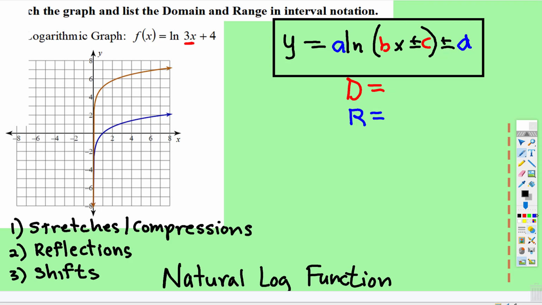So the inverse of that would be the range. And look at that, look at the graph. We start off coming from negative infinity, and even though it curves and is going up gradually, it's still headed towards positive infinity.